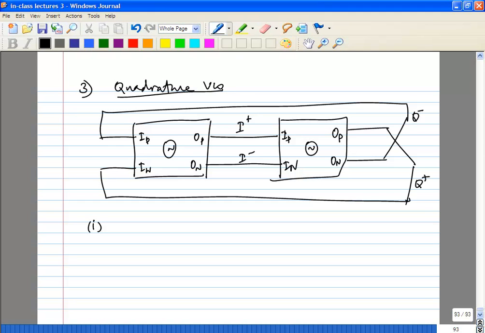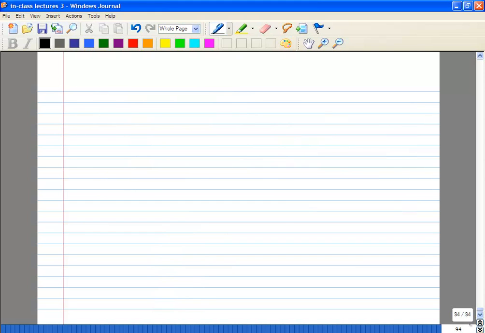So there are many ways of doing this quadrature coupling. One way is to do this. Let me go to the next page. One way is parallel coupling.